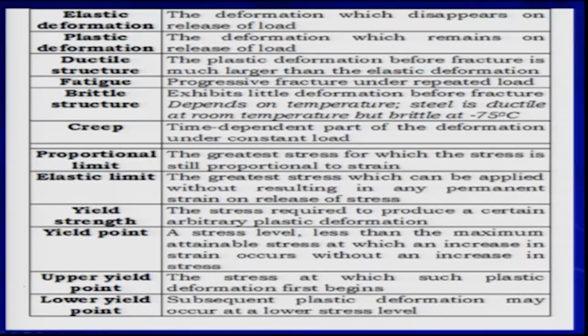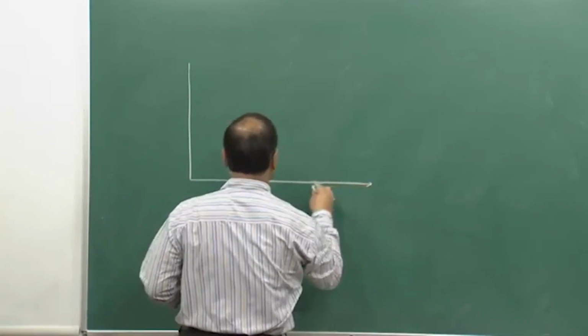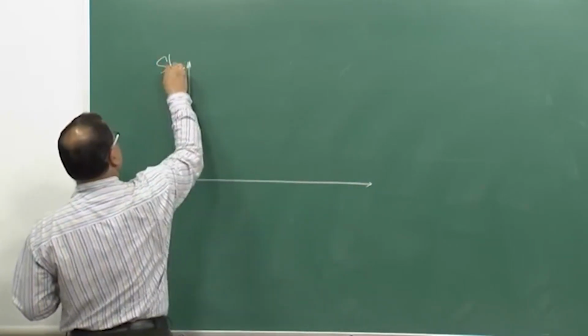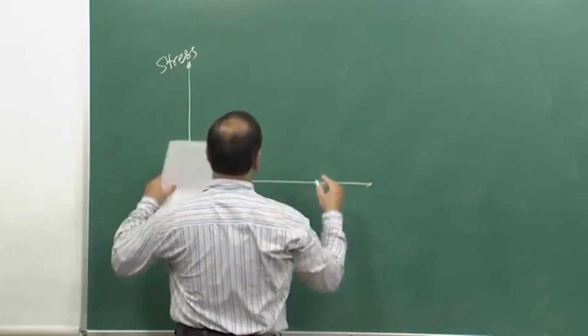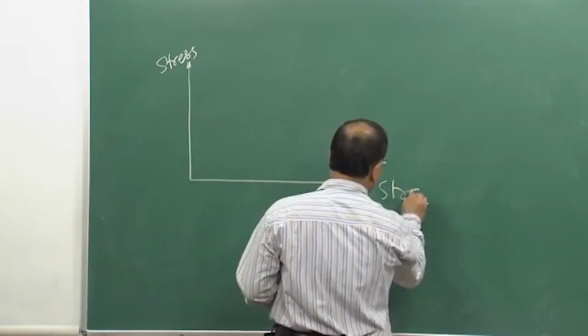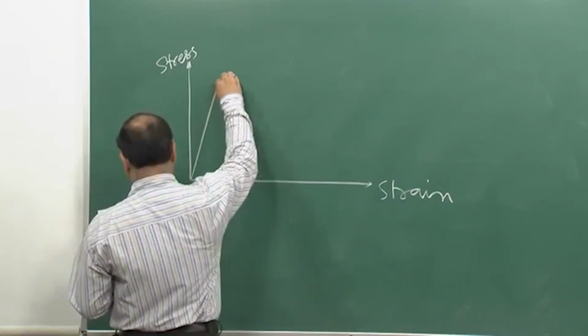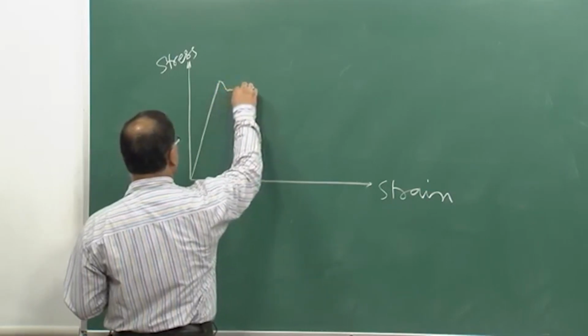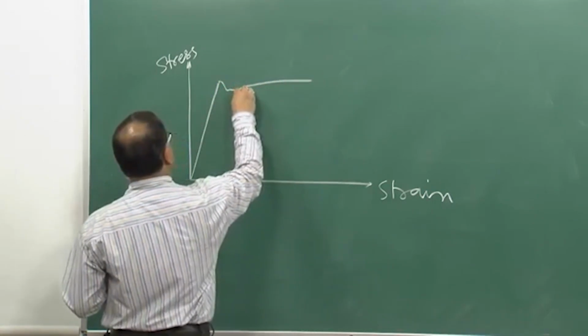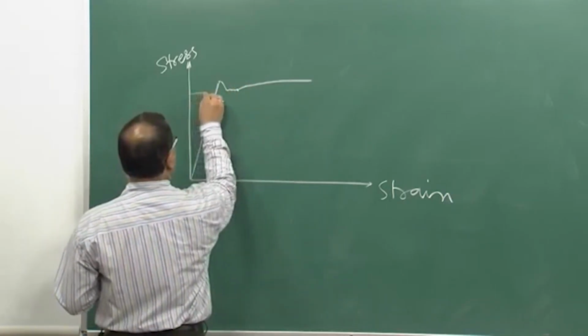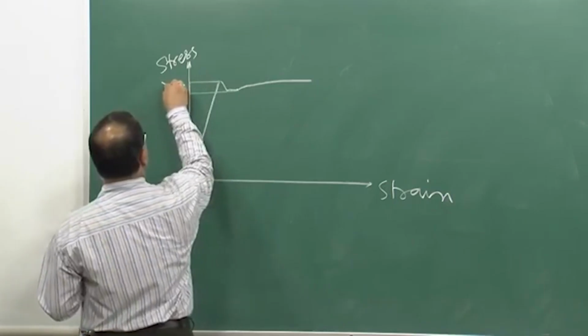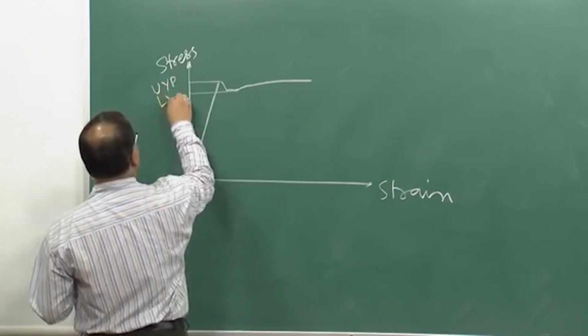If you look at a typical stress strain curve, let us draw a typical stress strain curve here. Generally stress is plotted along the y axis and along the x axis strain is plotted. So, suppose this is your upper yield point and this is your lower yield point.